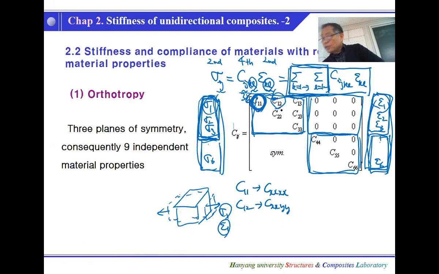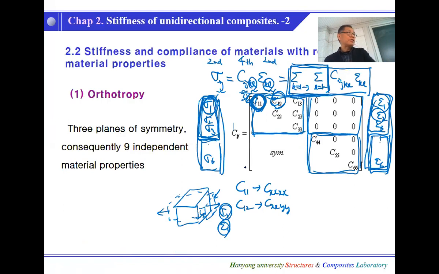And what are these terms? C12. Well, if you look at sigma 1 and epsilon 2, it means that when we apply the sigma 1, it deforms not only in this direction, but also, as you can see, there is a shrink in this direction, right? It's a shrinking.